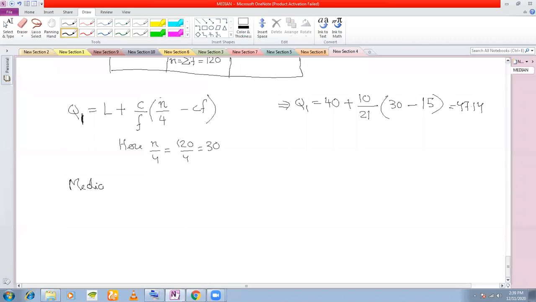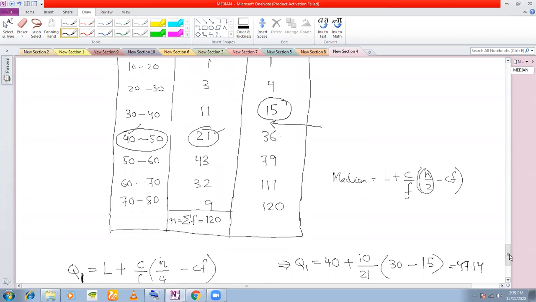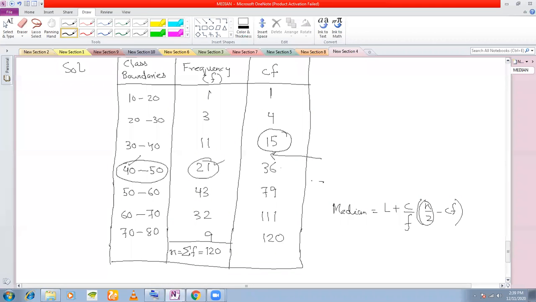Median Q2 is equal to L plus C by F, N by 2 minus CF. What is N by 2? 120 by 2 is 60. Just put the values. Now 60 lies where? Next time 60 lies here.